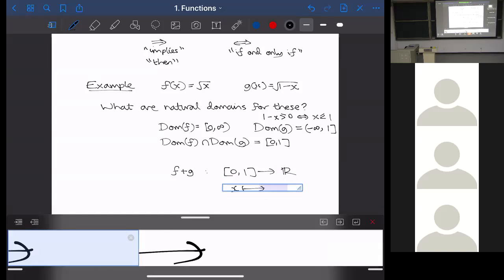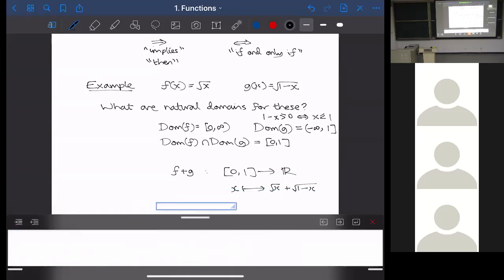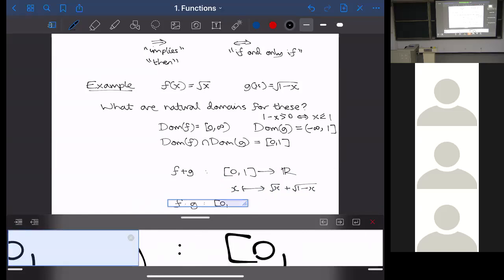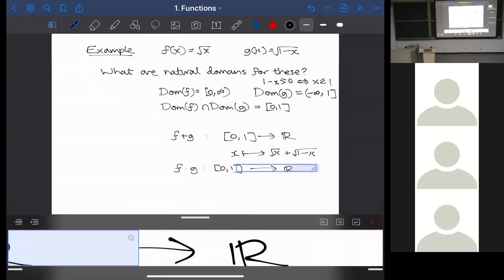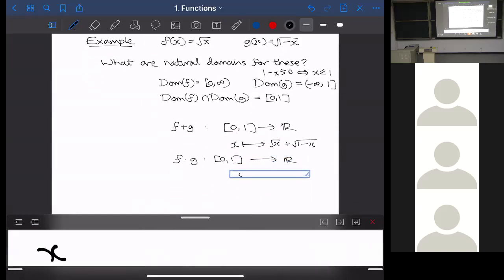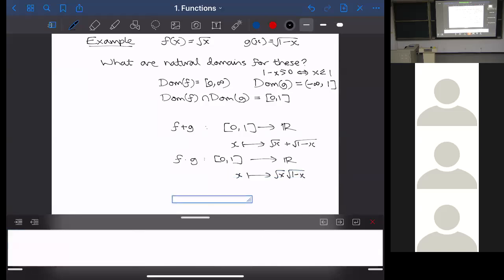Takes as input x and takes as output this. So we could also make f minus g and f times g. F times g. It's the same domain. It's the product of the square roots.